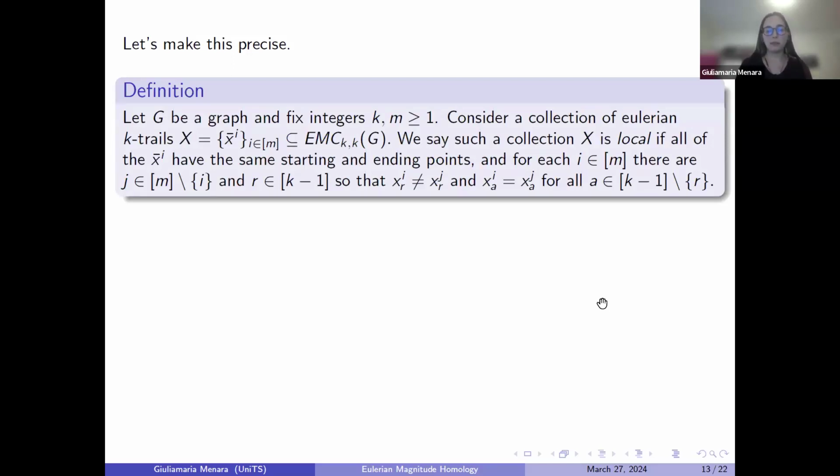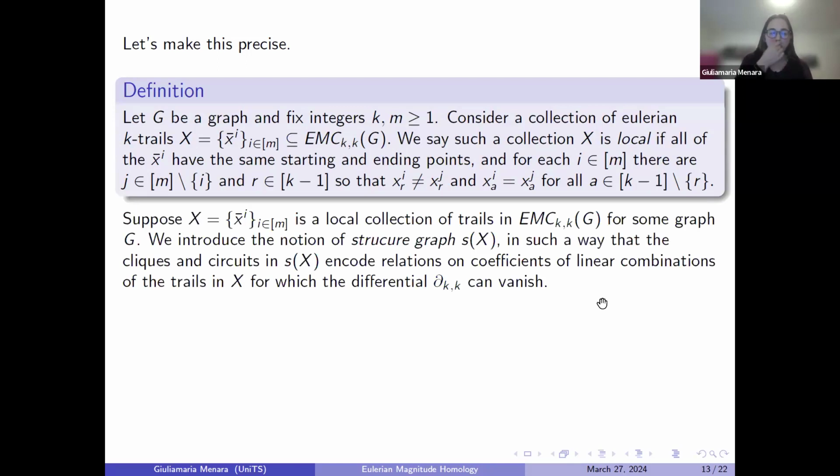So once we have this, we need to define some theory graph. We call it the structure graph, and we construct it in such a way that cliques and circuits appearing in the structure graph are going to encode the relations we need there to be on the coefficients of the linear combination, so that the differential actually vanishes.